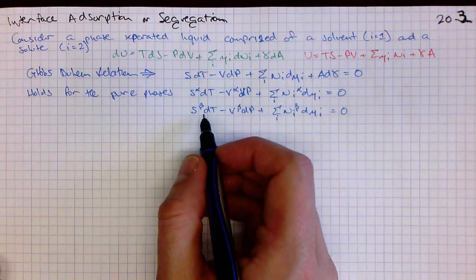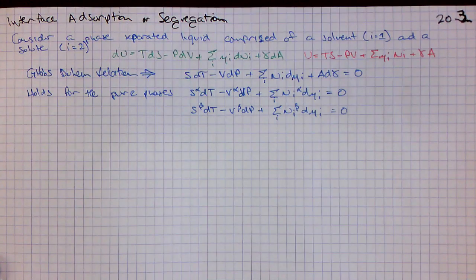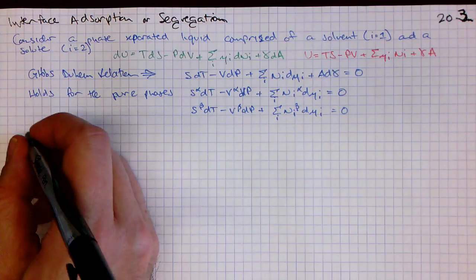So if we subtract both of these from this for the entire system, we get a Gibbs-Duhem relation in terms of the excess quantities. Okay.